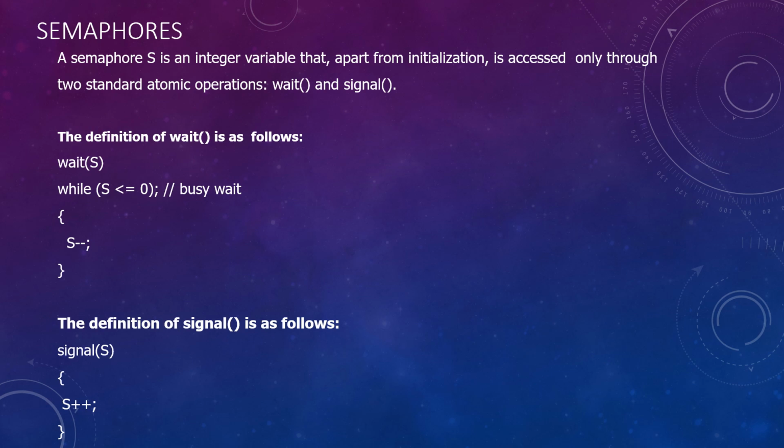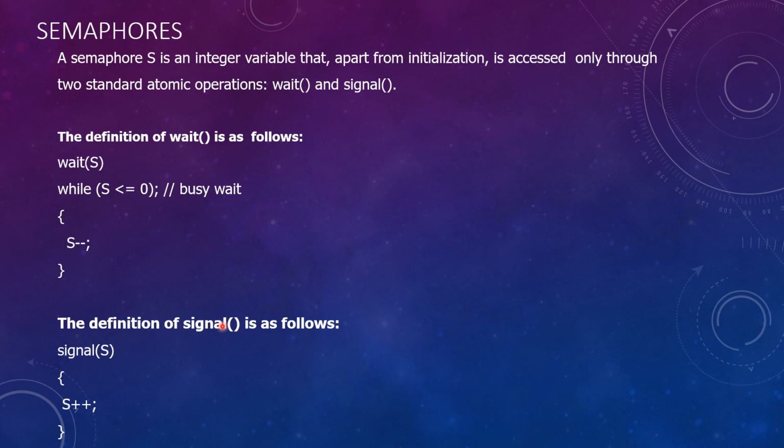So you just look at this code available for the wait operation. Wait of S. And here you have a small code construct given. In order to understand easily, you can consider S as the number of resources available in the system.